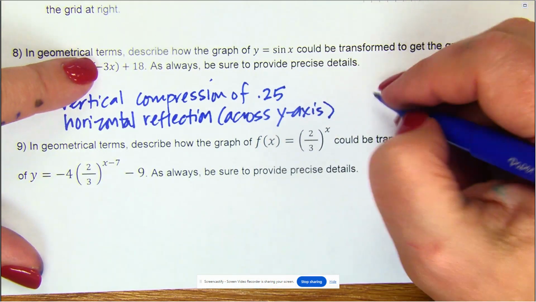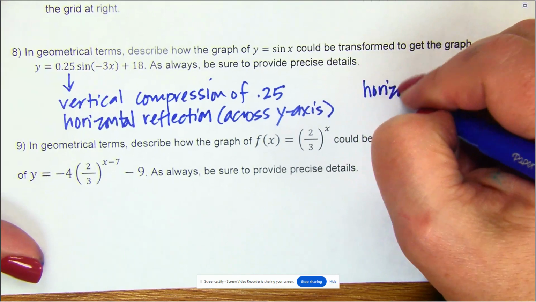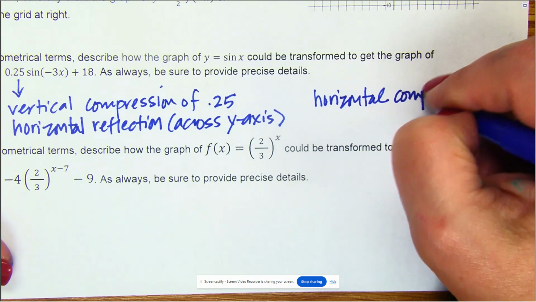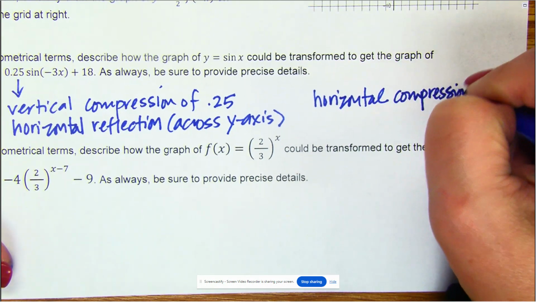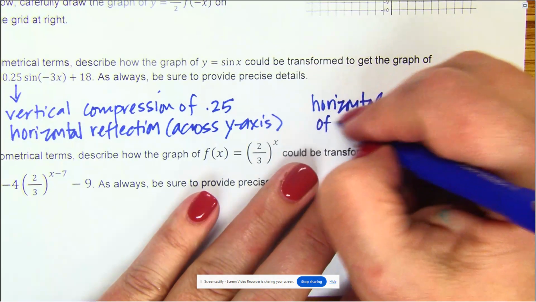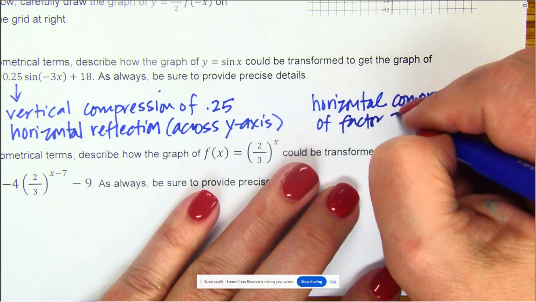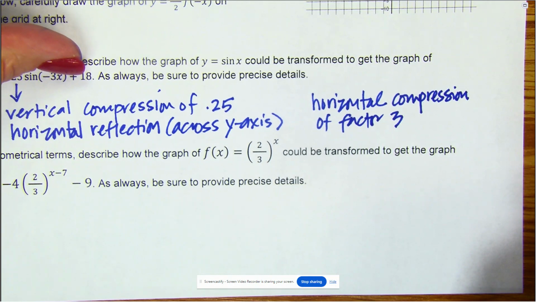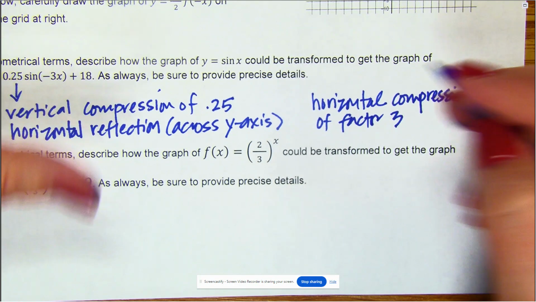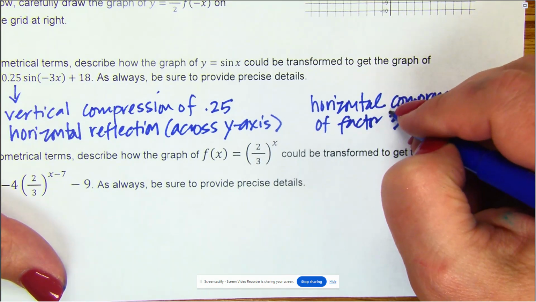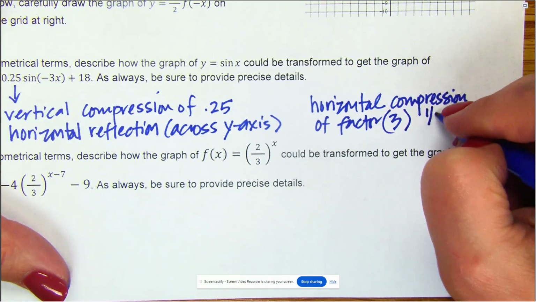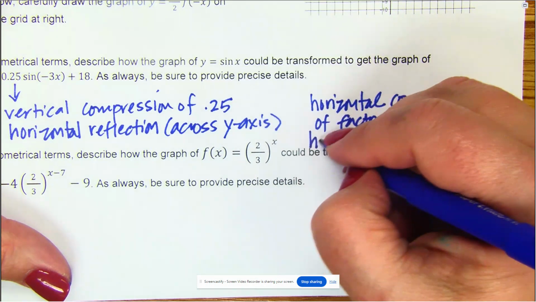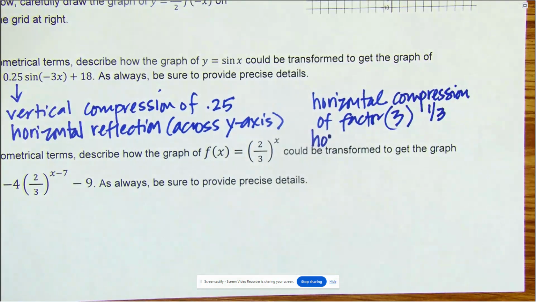The 3 is a horizontal change, and it has an opposite effect on the horizontal, so a number bigger than 1 is actually a compression. So technically it's like a factor of 3, which means a third. And then a vertical, oh, sorry, vertical.